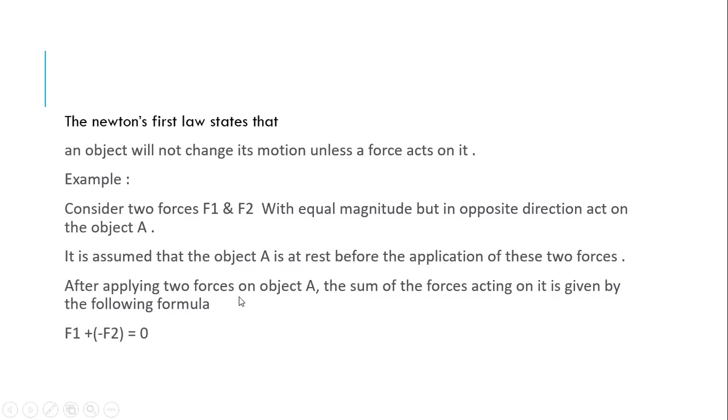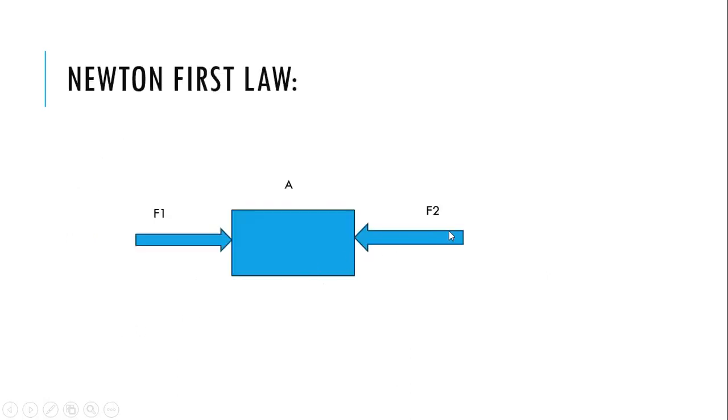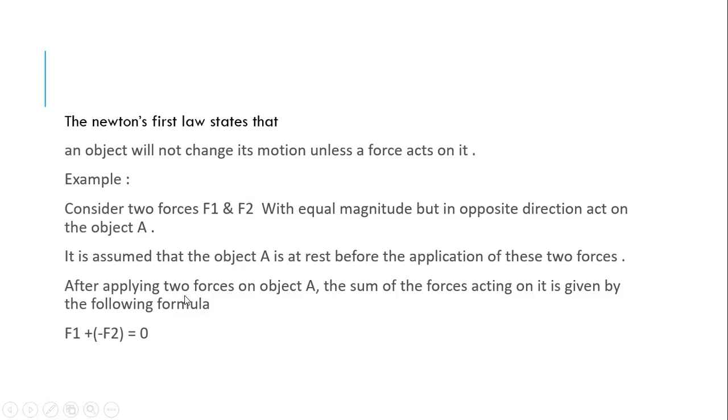Now, after applying two forces on either side of the object A, the sum of the forces is given by the formula F1 plus (minus F2) is equal to 0. The minus symbol represents that the force F2 acts opposite to F1, so we use a negative sign.